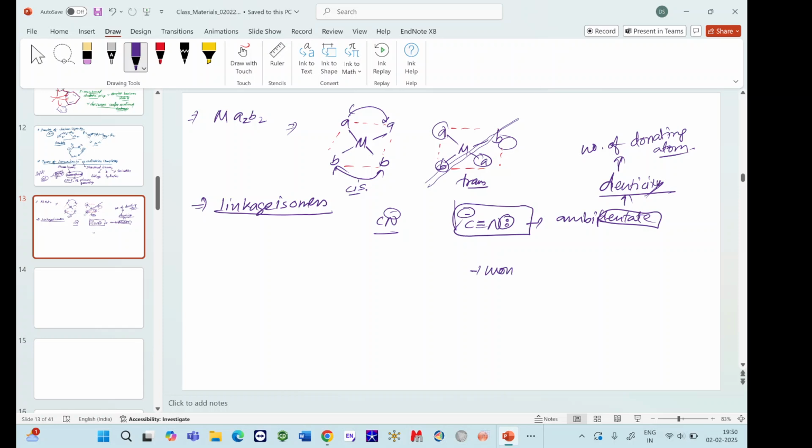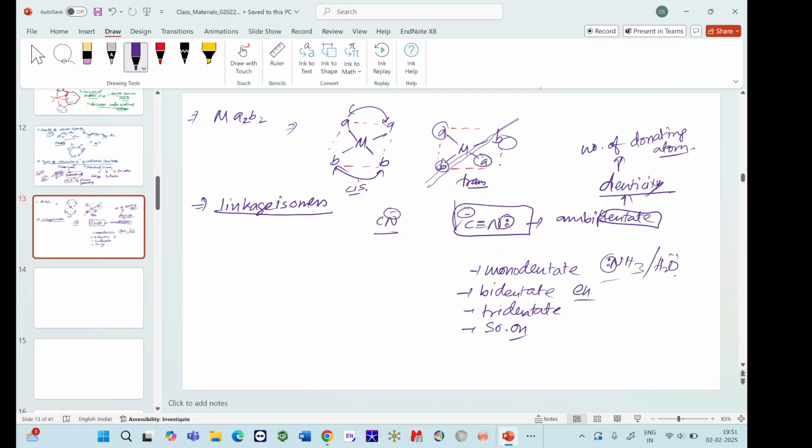You can have monodentate, bidentate, tridentate, and so on and so forth. Monodentate is where we have only one atom present, like this or like this. Okay. Bidentate means you have two atoms.